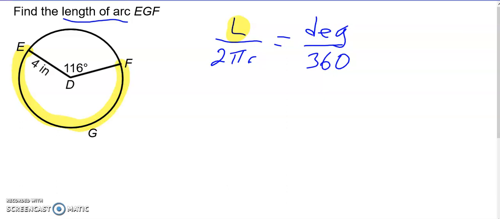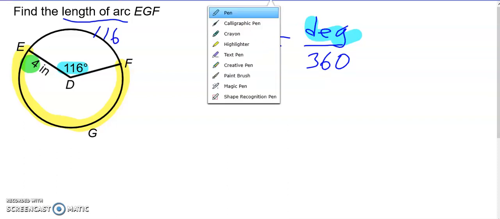L is the variable we're looking for. We need R, the radius of the circle, and I need the degrees in that arc. The central angle right here is the same as the degrees in this arc, but I don't want that arc. I need the other arc on the other side.